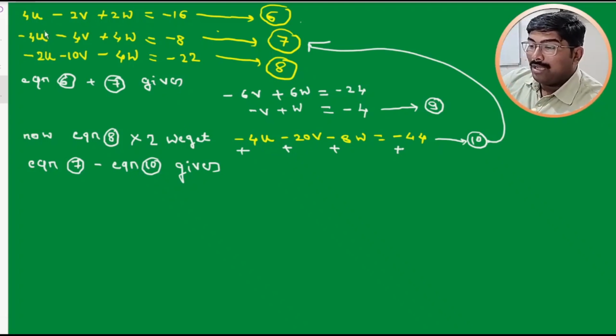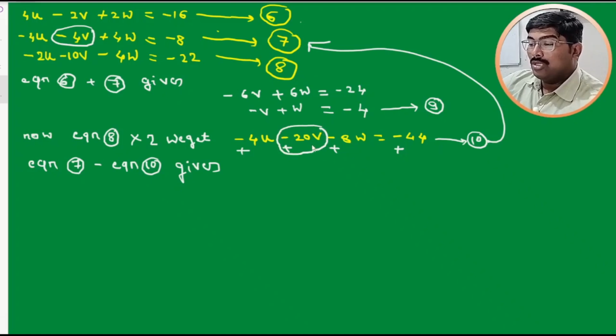Now in equation 7 the first term is minus 4u, and here the first term is plus 4u, so minus 4u and plus 4u cancel. In equation 7 the second term is minus 4v, and here after subtracting plus 20v, so plus 20v and minus 4v is 16v.